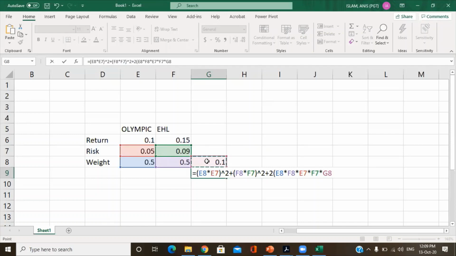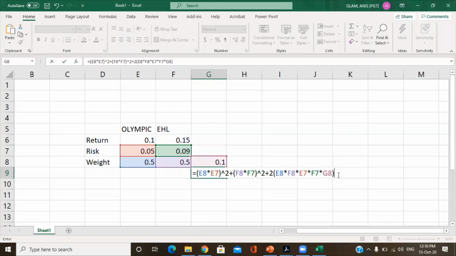Have you seen the additional term, the correlation? I have taken 0.1, in this formula for calculating the portfolio risk.